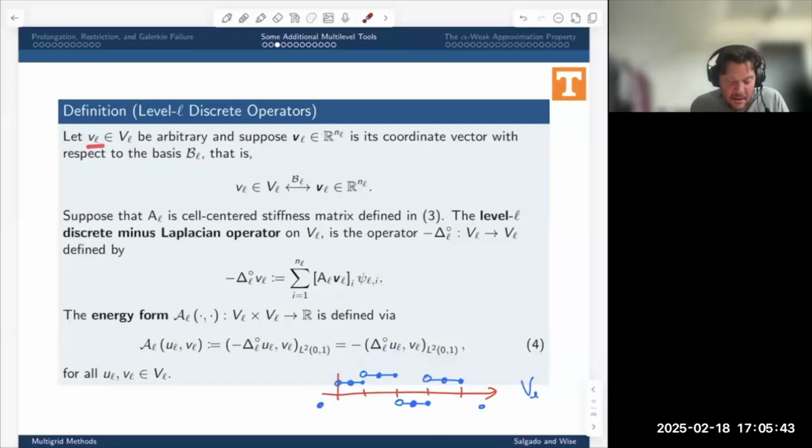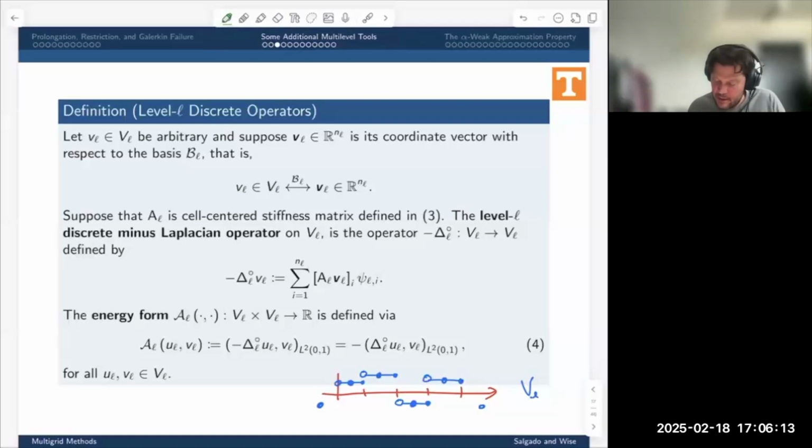So let's let VL be an arbitrary function from those piecewise constant functions, and suppose that VL bold is its coordinate vector with respect to a basis. Remember, we had a basis for that space, which was the functions which were piecewise constants and basically 1 on one of the intervals and 0 on all the other intervals. So for example, I'll draw one of the basis functions in green.